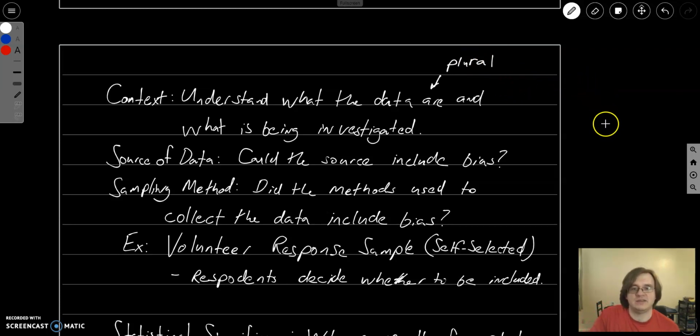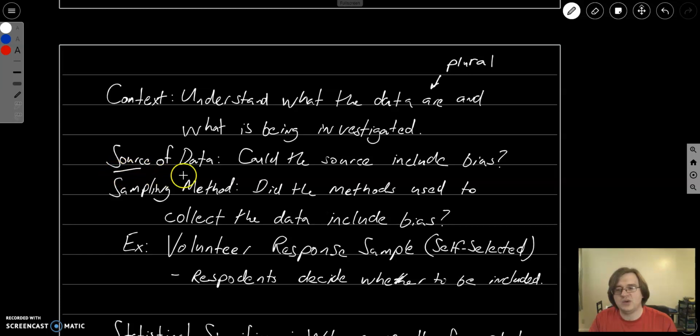For instance, if I told you that in a study, say a topical study at the moment, we'd be looking at the number of antibodies in someone's blood after having been given a vaccine or having not been given a vaccine, we could understand some context that this is probably studying whether or not this vaccine is working, looking at the number of antibodies in the blood. So just understanding the data and what the numbers mean is a pretty big part of statistics.